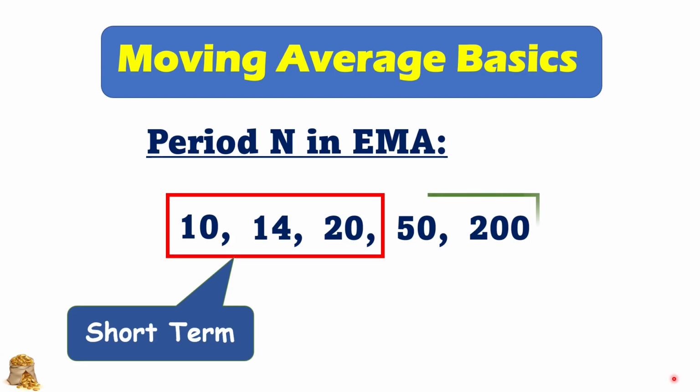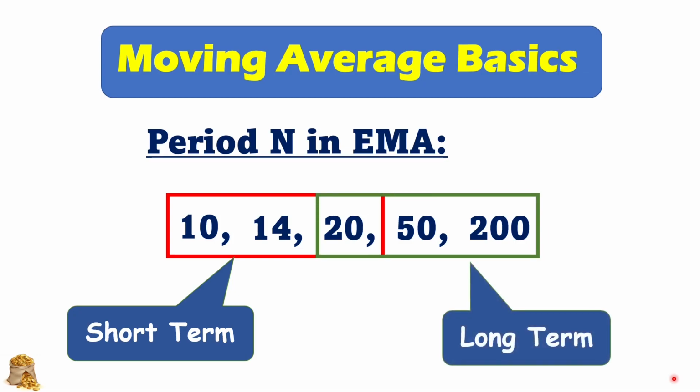And for 20, 50, and 200, most of the time they are used in the long-term trading, like in the 4-hour chart, 1-day chart, and also weekly chart. However, you can also customize the number n in your trading strategy. It doesn't matter which number you have, as long as it fits your trading style.